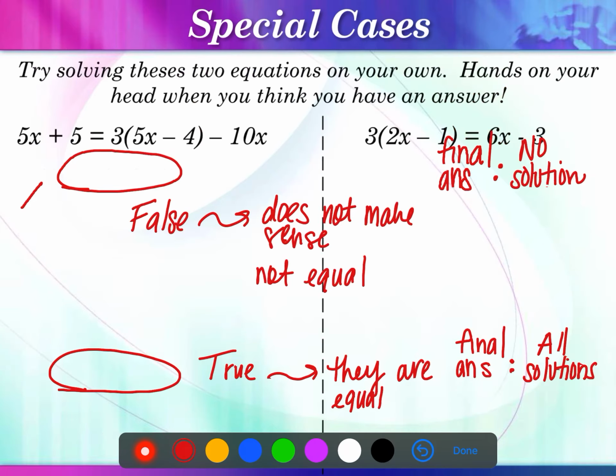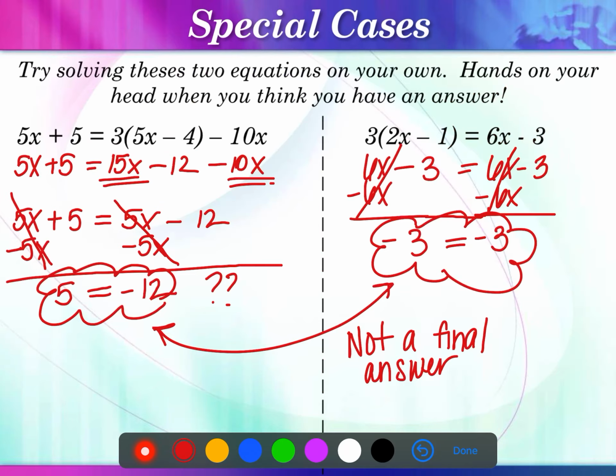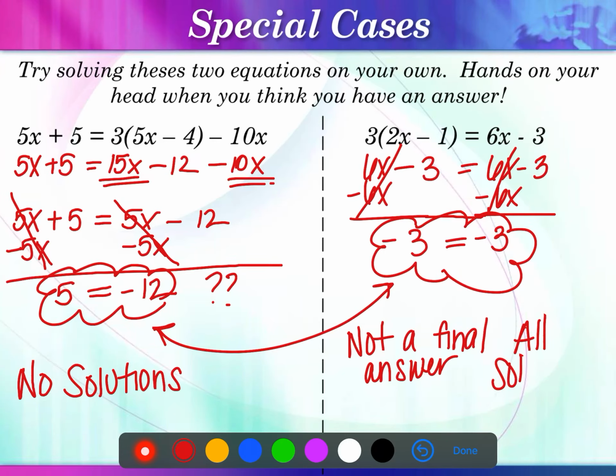Okay, so if we go back here for a second, all right, we can label each one of these examples. So our first one, my final answer, would be no solutions. And my second example here would be all solutions.